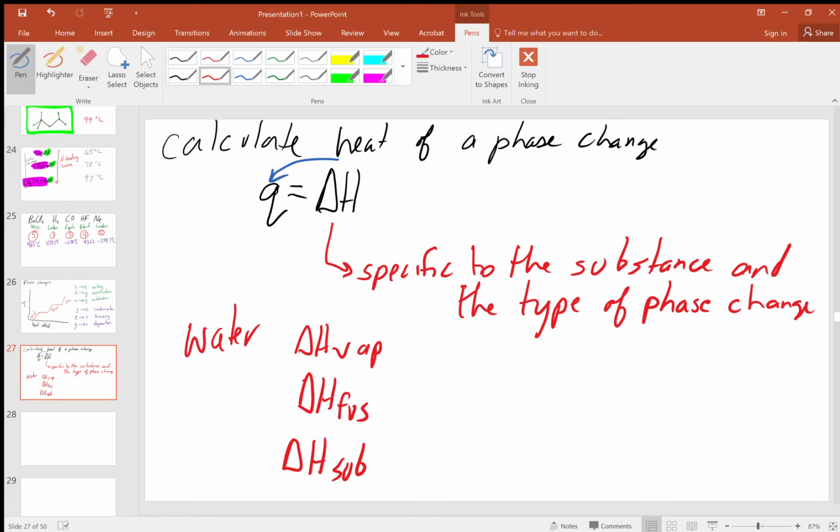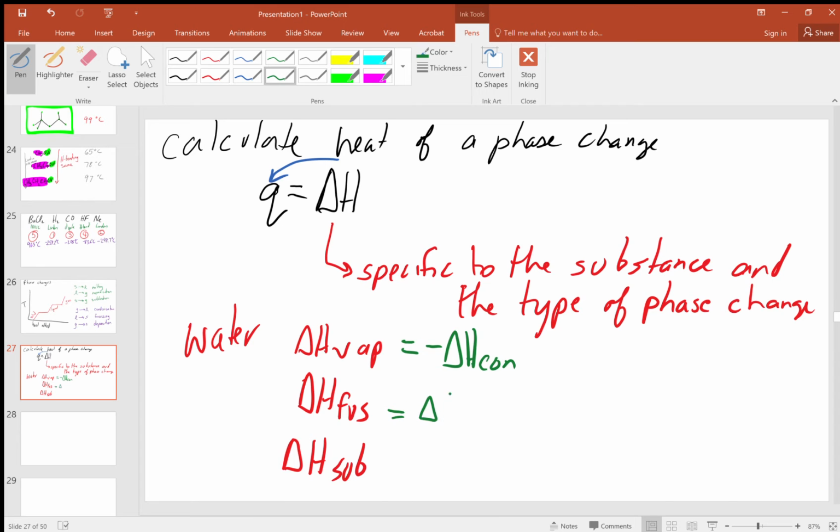Now you might be asking, why don't we have 6 of these delta H values? Well, the reason is, if you think about what's going on, condensation and vaporization are basically the opposite process. So there is a delta H for condensation, but it's just the vaporization delta H with the opposite sign.